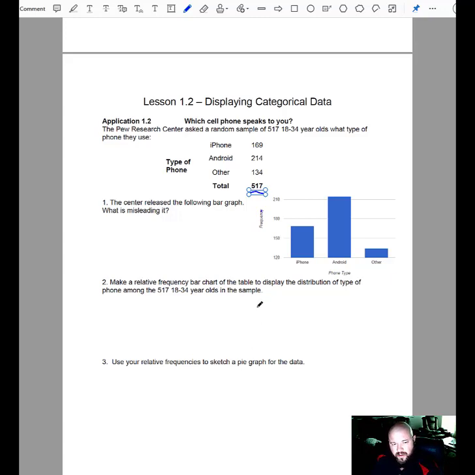Well, a key point right here, hopefully y'all saw this, is it starts at 120. That's the worst part about it. It doesn't start at 0, which, like we said in our notes, it must start at 0. So with this, the vertical axis starts at 120 instead of 0.